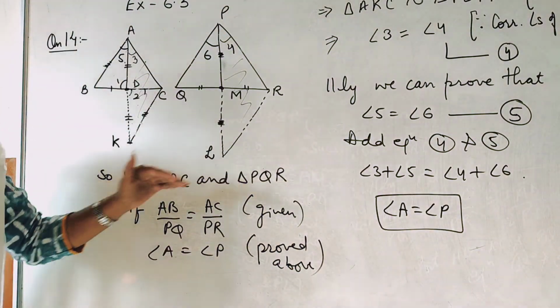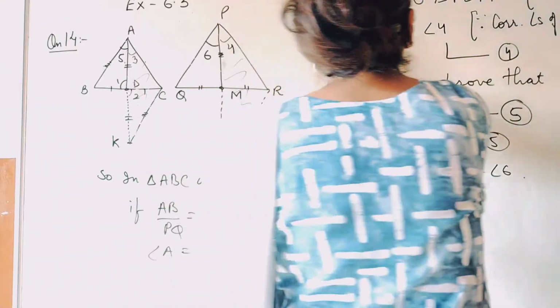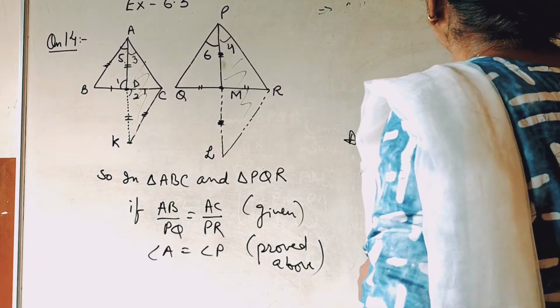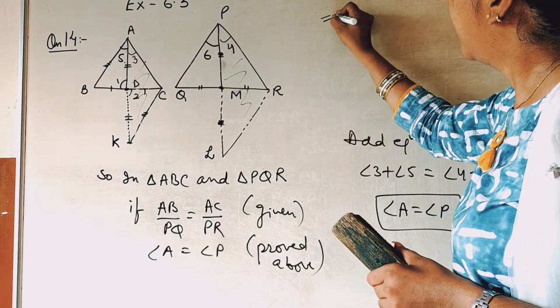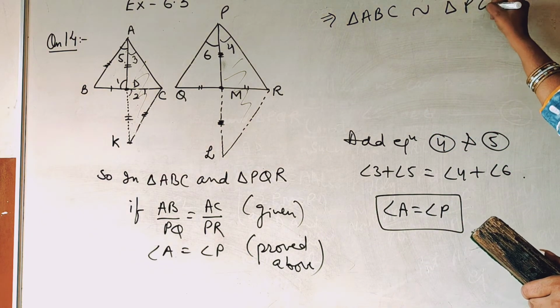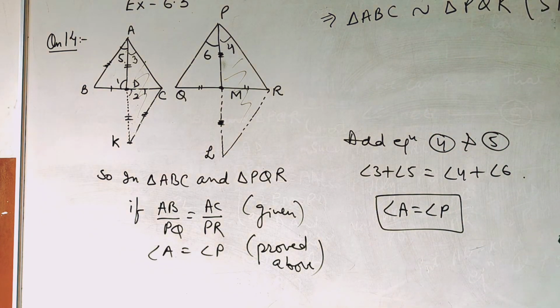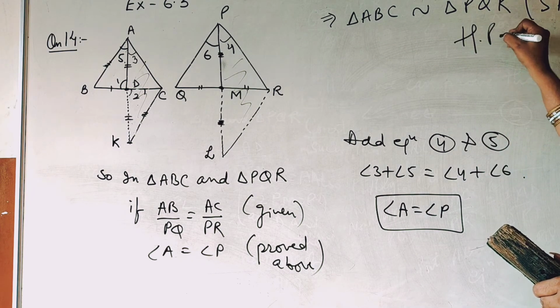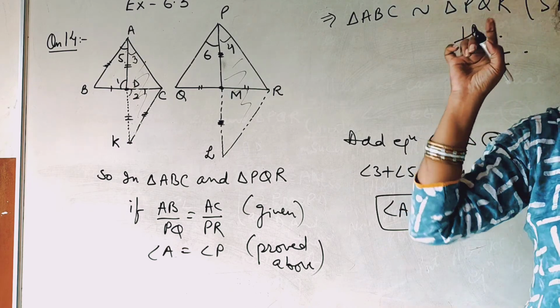Now these two triangles are similar by the SAS rule. So this implies triangle ABC is similar to triangle PQR by SAS. And this is all about the question, hence proved.